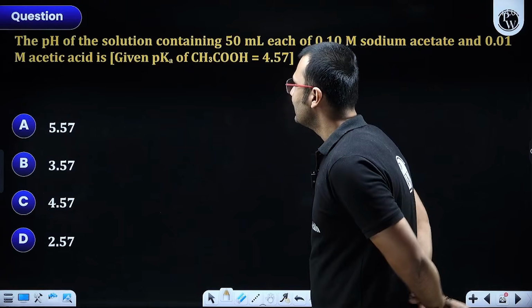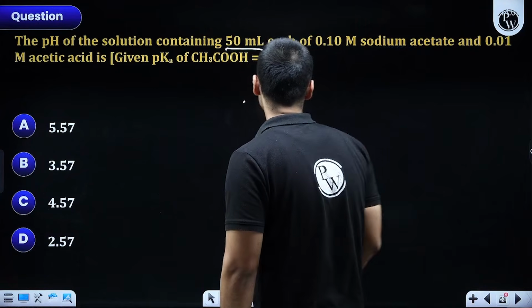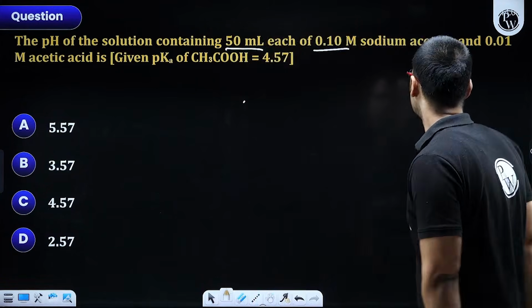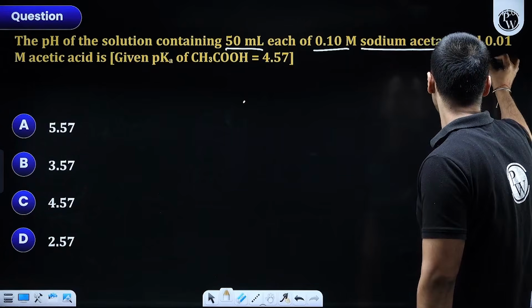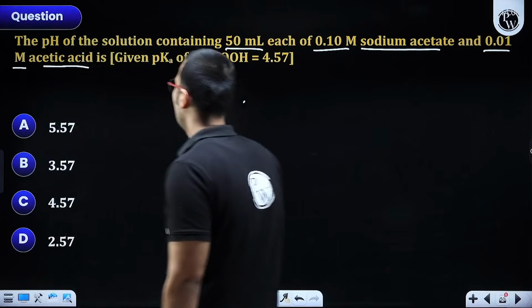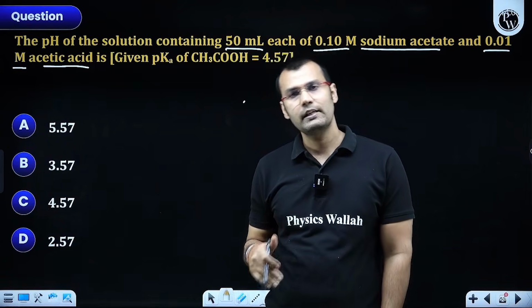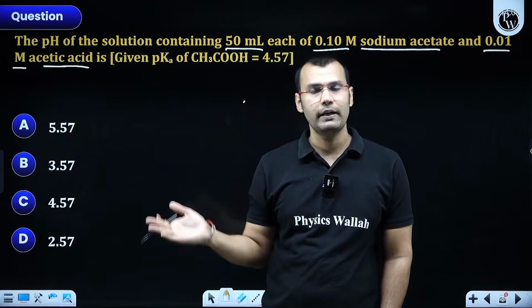Question is, the pH of the solution containing 50 ml each of 0.1 molar sodium acetate and 0.01 molar acetic acid is. First thing is, in this question they have not mentioned whether it is a buffer.